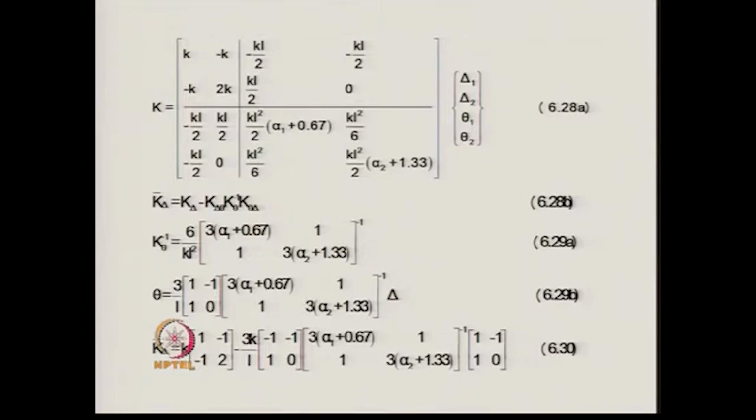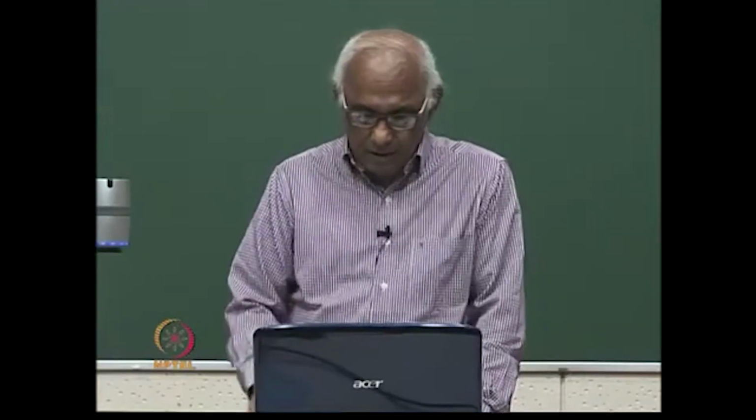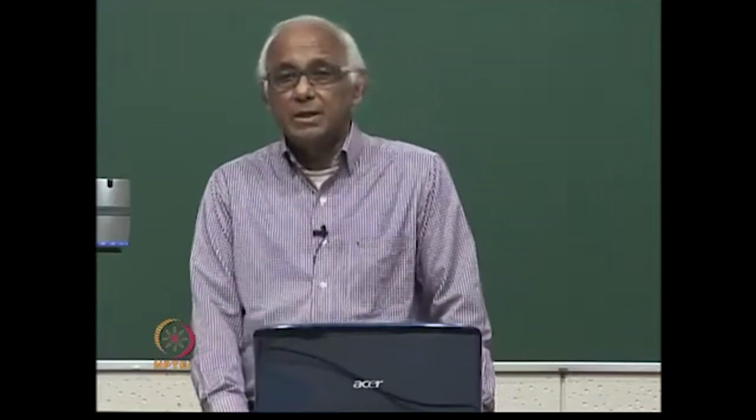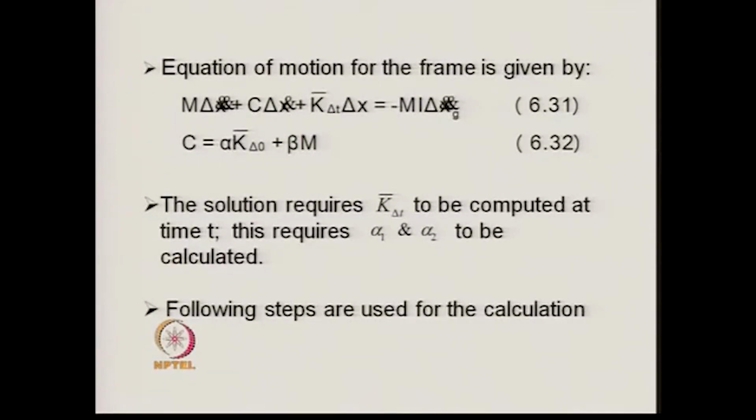Therefore, alpha 1 and alpha 2 are to be calculated at every step of the incremental loading. Now, the equation of motion of the frame can be written in this particular way, that is m delta x double dot plus c delta x dot plus k bar delta t delta x.